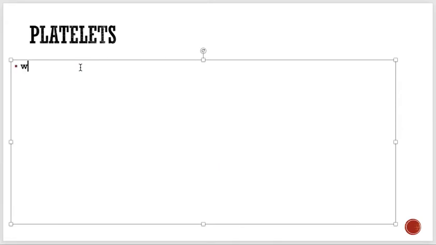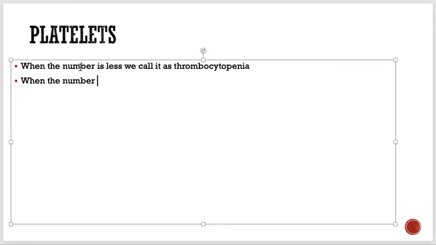When the number is less, we call it thrombocytopenia, and when the number is more, we call it thrombocytosis. Very, very important.